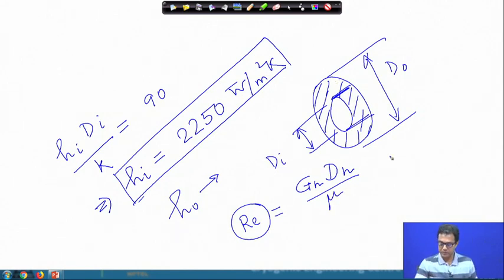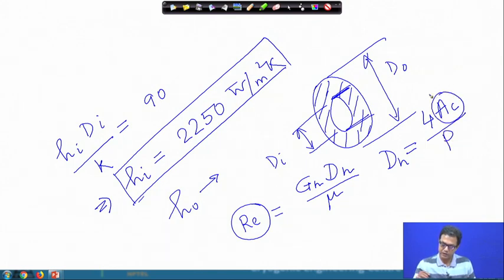Again, we need the G of the hot fluid and dH of this annular space. What is the hydraulic diameter corresponding to that annular space? From the basic definition of the hydraulic diameter, we know this is 4 Ac by the wetted perimeter. What is Ac? This is the cross-sectional area through which the flow is taking place.